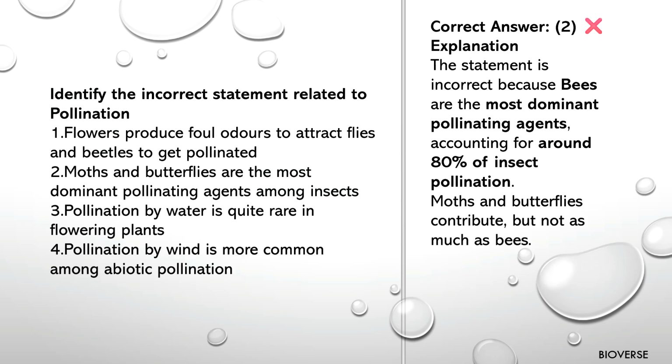Identify the incorrect statement related to pollination. Flowers produce foul odors to attract flies and beetles to get pollinated. Moths and butterflies are the most dominant pollinating agents among insects. Pollination by water is quite rare in flowering plants. Pollination by wind is more common among abiotic pollination.